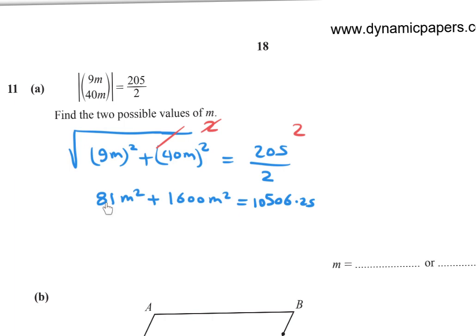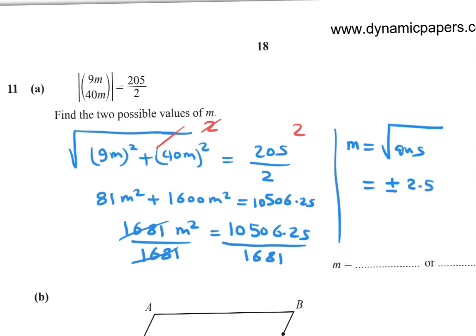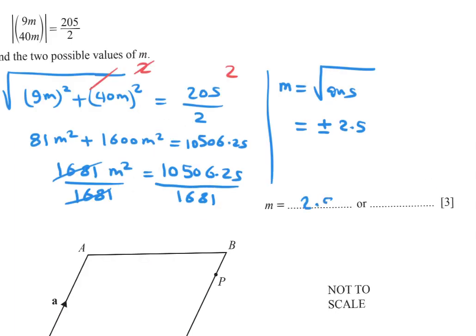Now combine the like terms. So 1681m squared equals 10,506.25. Then divide by 1681, then m squared equals this number. Take the square root for the answer. So m equals plus or minus 2.5. So the two values are 2.5 and negative 2.5.